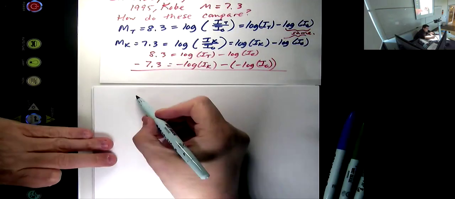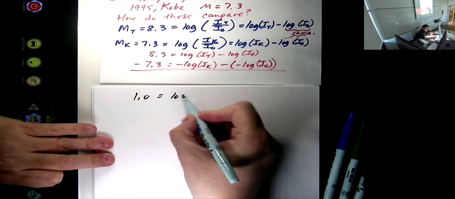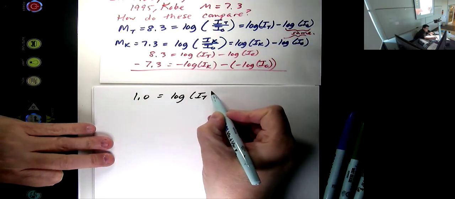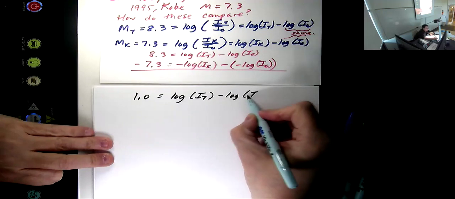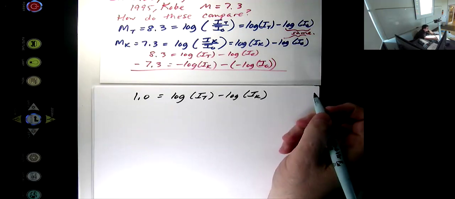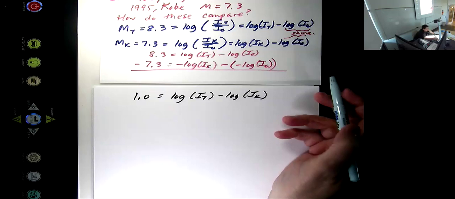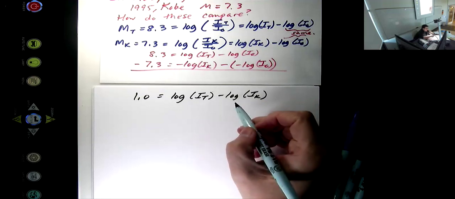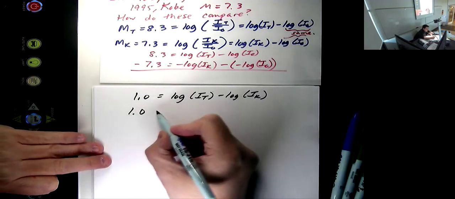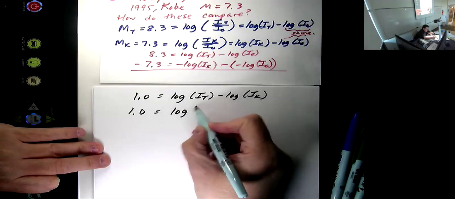And I get 1.0 equals log of IT minus log of IK. And I can put that together. This is log of IT over IK.